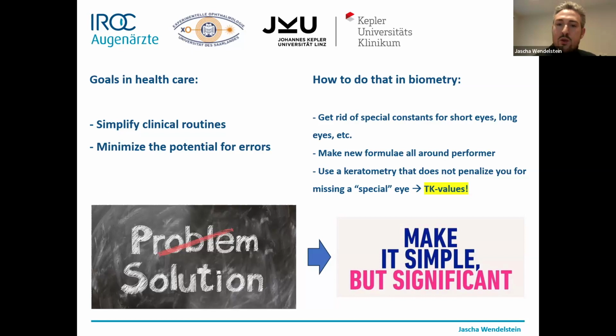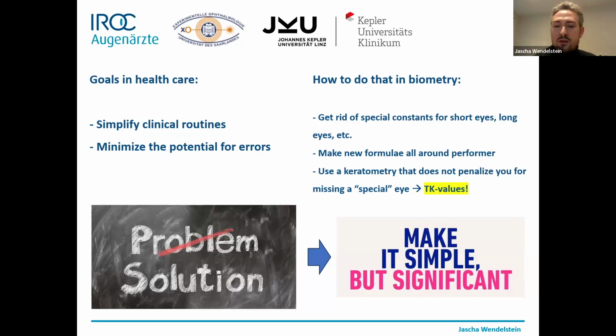There are a few tweaks we can think about when trying to simplify biometry. One of those things would be getting rid of special constants for short eyes, long eyes, or any special eyes, so we don't have to change anything. Basically, we want values that work with any eye and give us the best result.